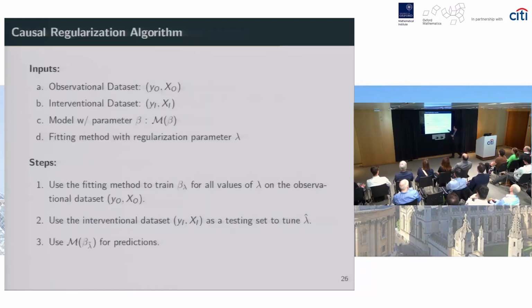Okay, this is the algorithm. I've kind of already spoiled it, but just to write it down. My inputs are observational data, which I assume is large, interventional data, which I assume is small, a model with some kind of parameter, and a regularization penalty. In step one, I'm going to train a family of models on the observational data. It's going to be parameterized by my regularization penalty. So I don't have one model, I have a family of models.